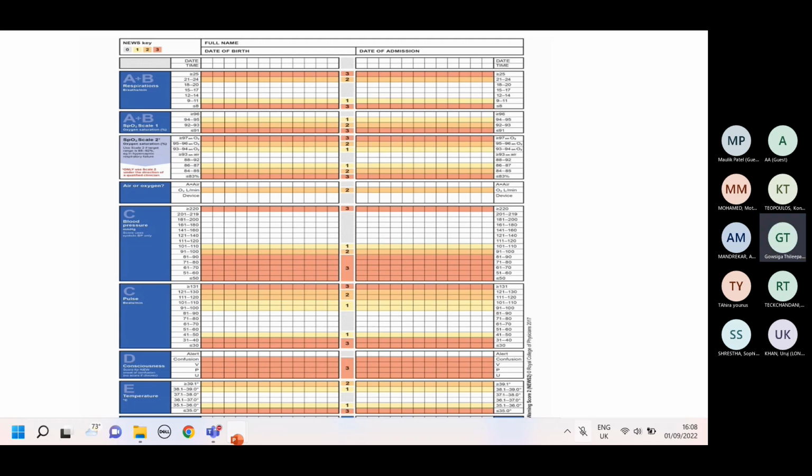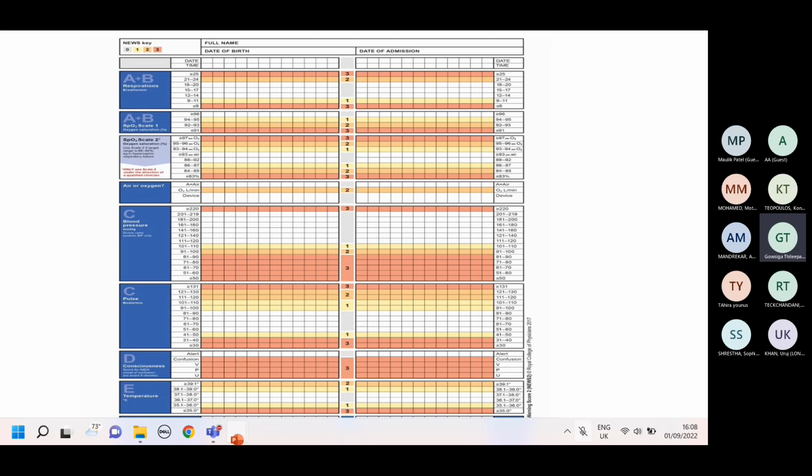All these parameters should be monitored, and the basic idea of monitoring is to escalate treatment in need of emergency or clinical deterioration, and the frequency of monitoring should be increased according to the NEWS score, right?